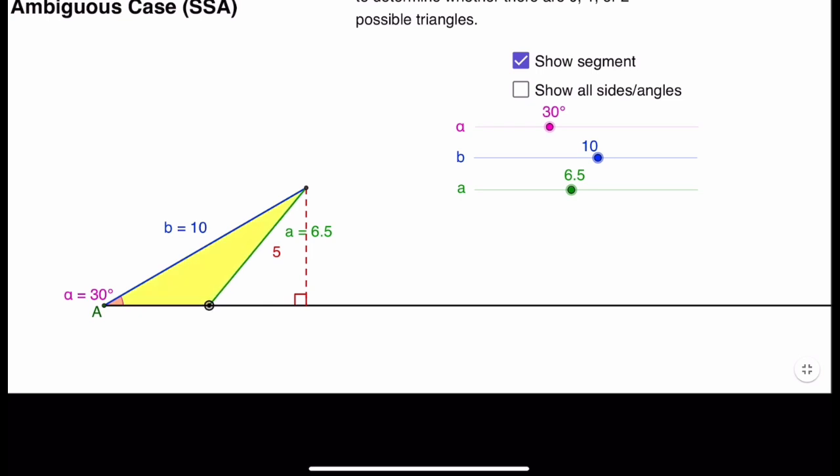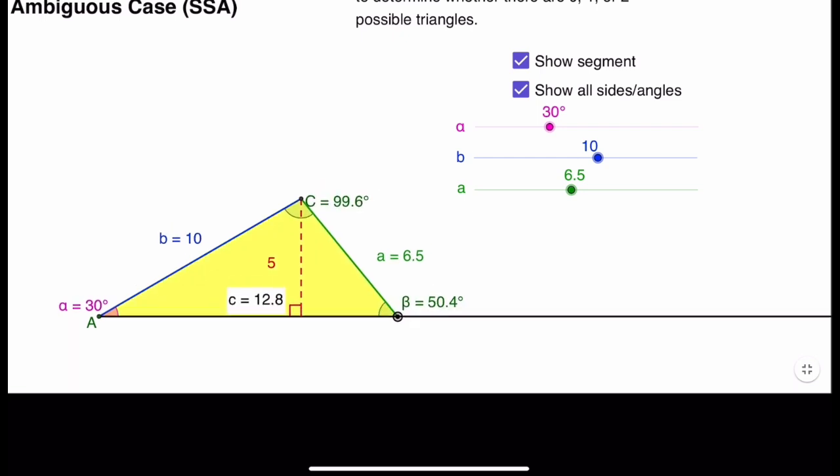In this case I am able to form two triangles. And also the angles: the first triangle that I was able to form has an angle B of 50.4 degrees, and at the same time I can form another triangle which has an angle B of 130 degrees. Okay, good.